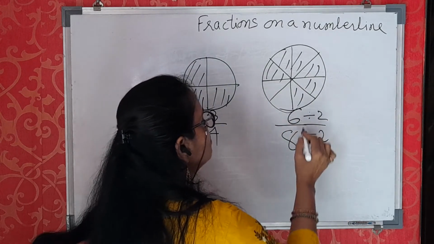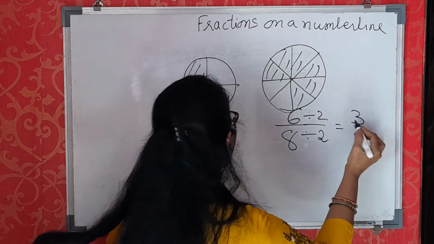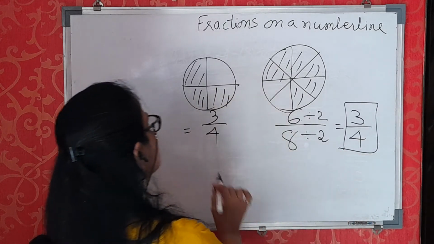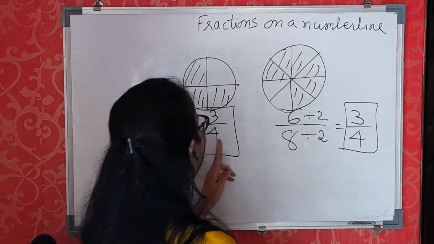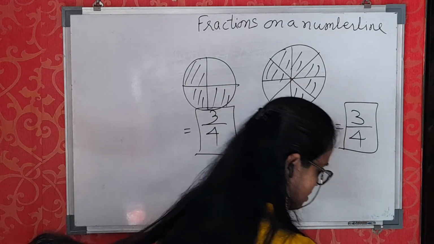So when both numbers are even, I have divided by 2. So 2 3s are 6 and 2 4s are 8. So this answer is 3 upon 4 and this answer is also 3 upon 4. So this means they are equivalent fractions.